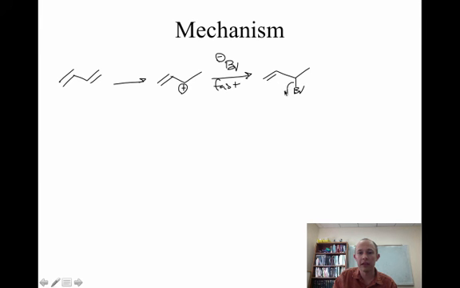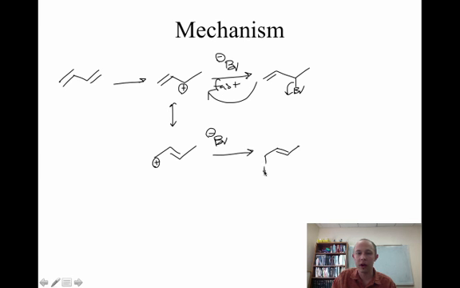But then this can leave, and so we can establish an equilibrium where every so often the bromide attacks the less substituted carbon, which gives us the more stable product, which is lower in energy. So this is the thermodynamic product. This would be the kinetic product.